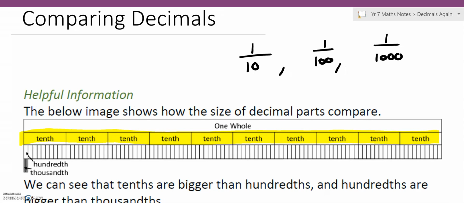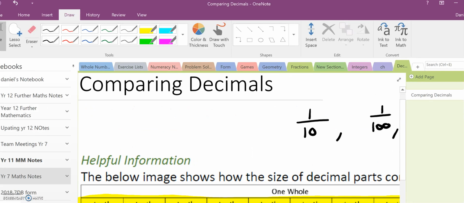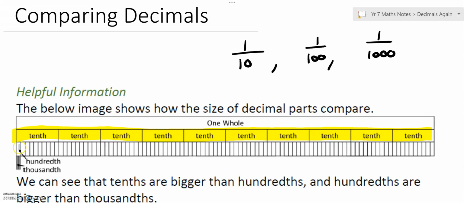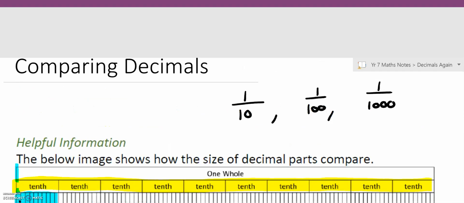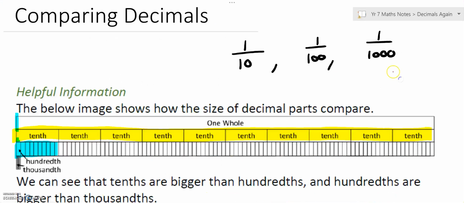And then, if you split up the tenths into 10 equal parts, you get these hundredths, which are 1/100th of the entire whole. Okay, and we also note that there's 10 hundredths equaling 1/10.